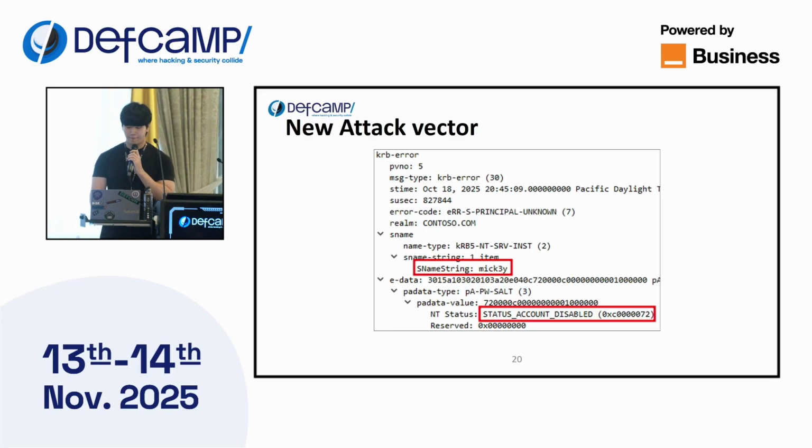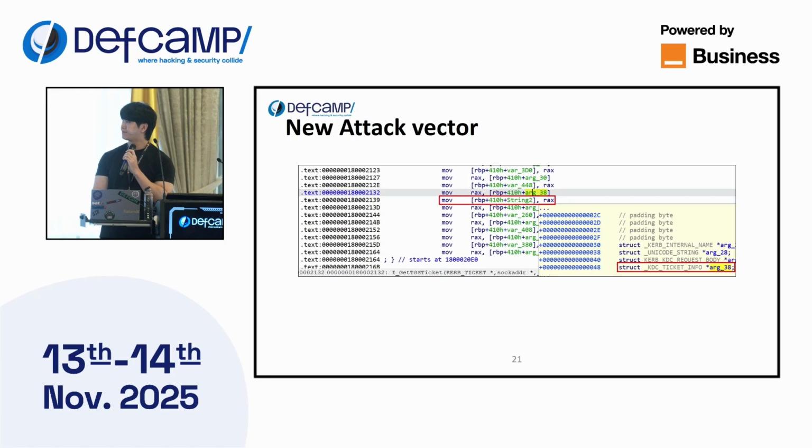Why is it that the krbtgt account can still be accessed even though it's disabled, while the Mickey account cannot? This reason became clear after reverse engineering the kdcsvc.dll file. At this point, you might not remember the hexadecimal value of the error status code. Within this DLL file, a structure is an object representing information about the ticket.